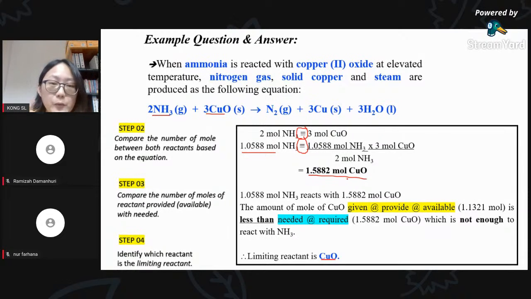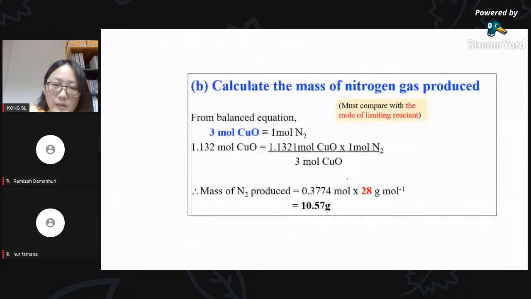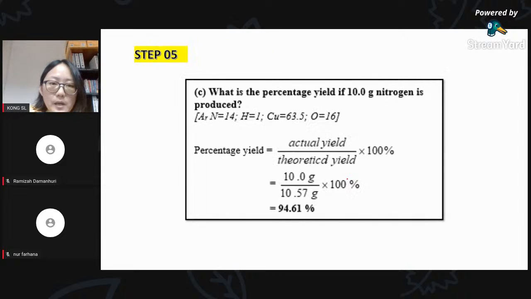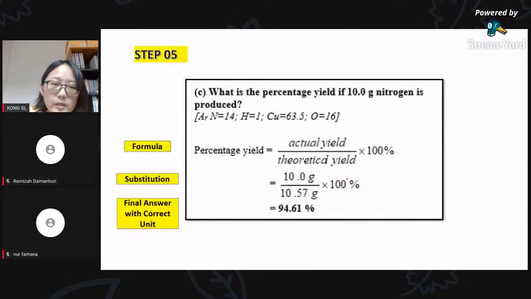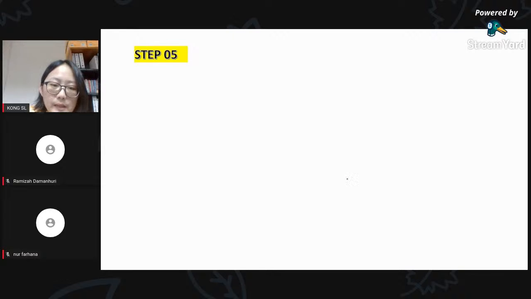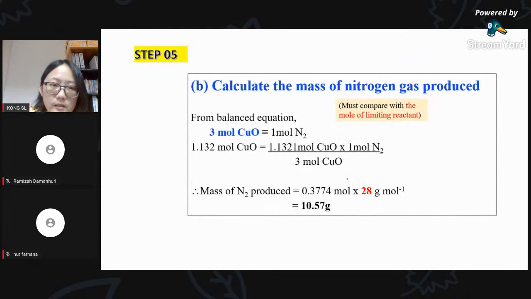Okay, now you finish the first part, determine the limiting reactant. Now, step 5. The question can ask you to calculate the mass of nitrogen gas produced. The question can ask you about percentage yield. The question can ask you about the mass of excess reactant remaining. Over here, you must always compare with the limiting reactant.